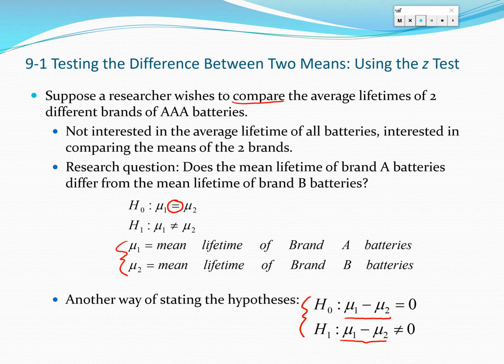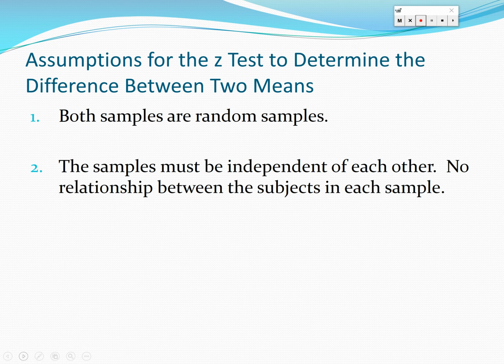We have to keep in mind that second way to state those hypotheses, because sometimes when we're comparing, we're looking to see if the average lifetimes of brand A and brand B differ by 5 hours, or by 10 hours. We can look for a specific difference, and if we have a specific difference in mind, we have to state our hypotheses that second way at the bottom. So just something to keep in mind, and we will see that today.